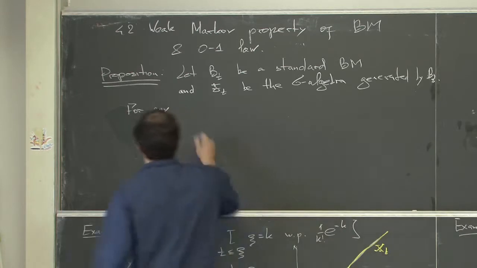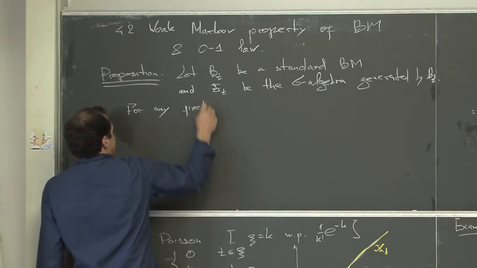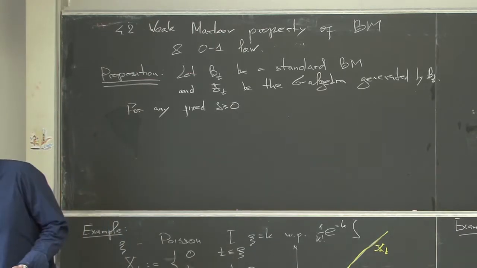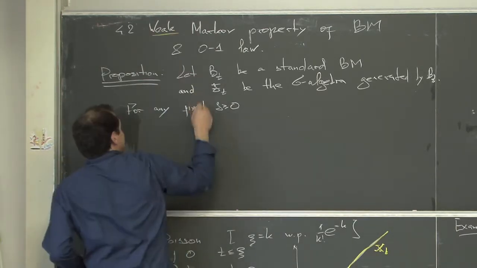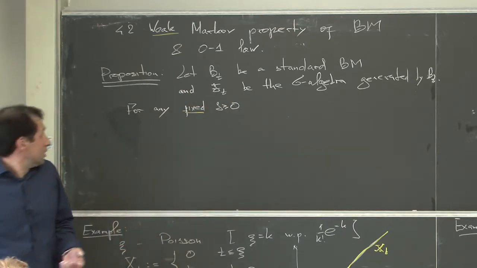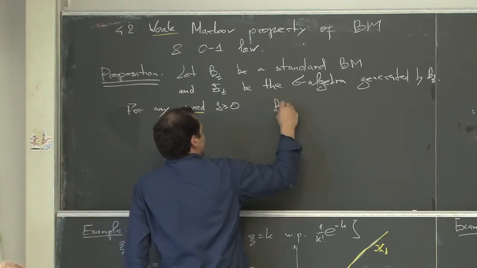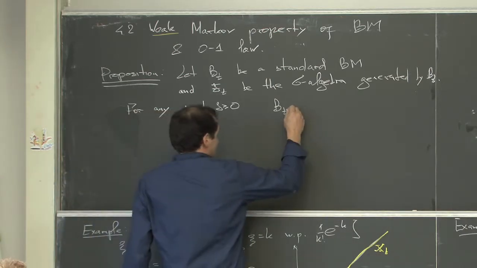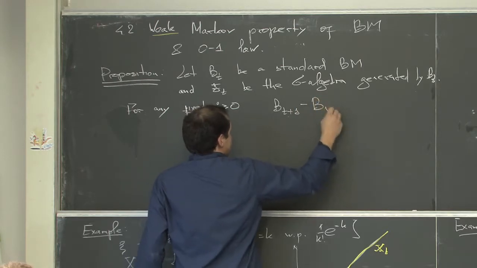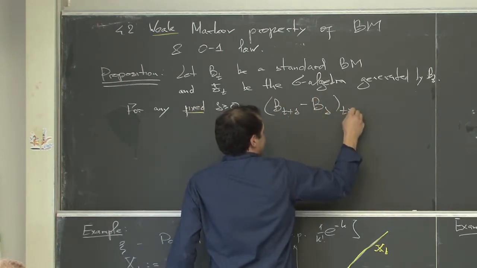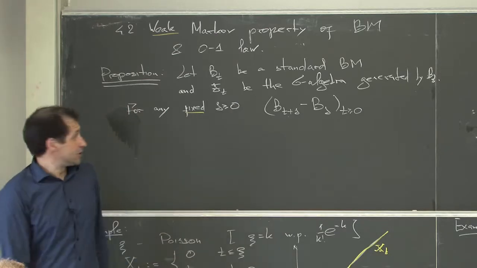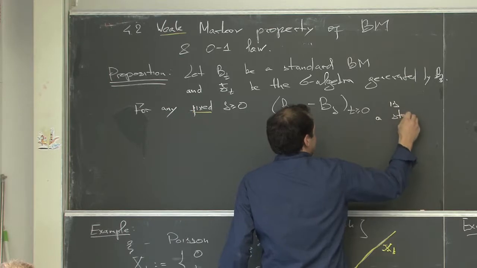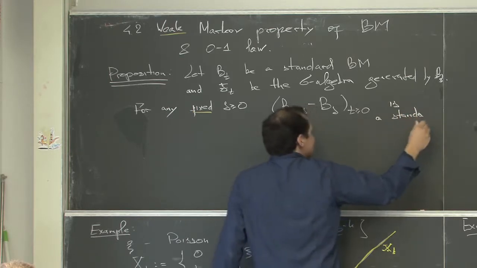Then for any fixed s, and this is exactly why it's called weak, the process B_{t+s} minus B_s, the increments, is again a standard Brownian motion, which is not a big deal.